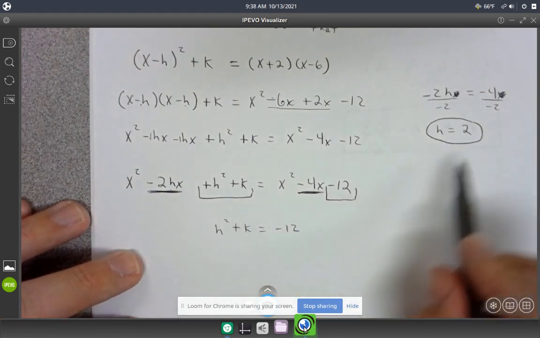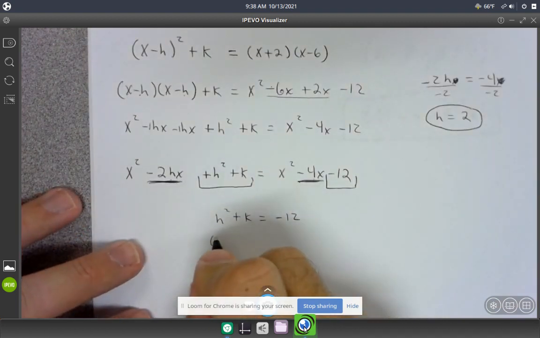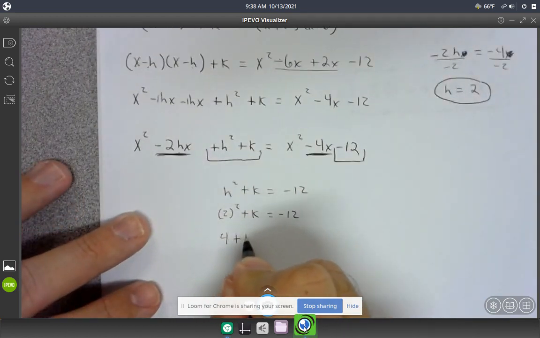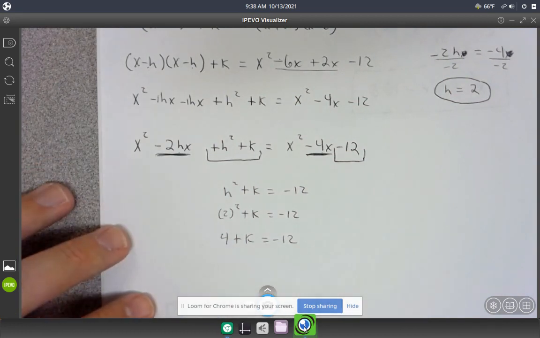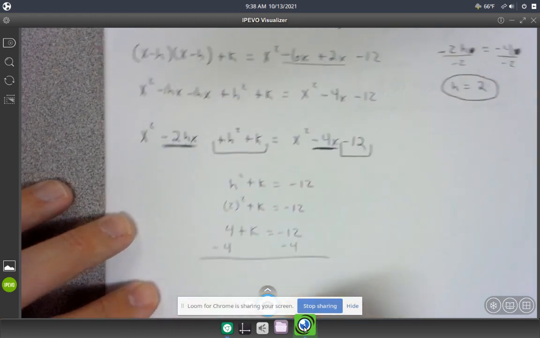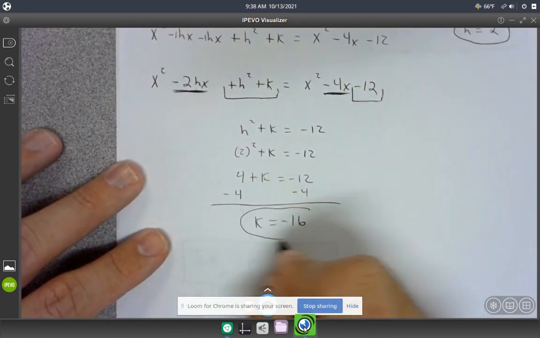I can go ahead and take the 2 and plug that in for h. So 2 squared is 4. So I get 4 plus k is equal to negative 12. And then subtract 4 from both sides, and k is equal to negative 16.